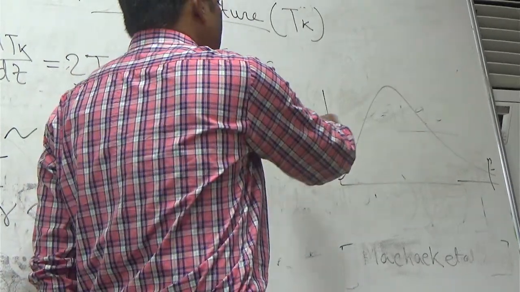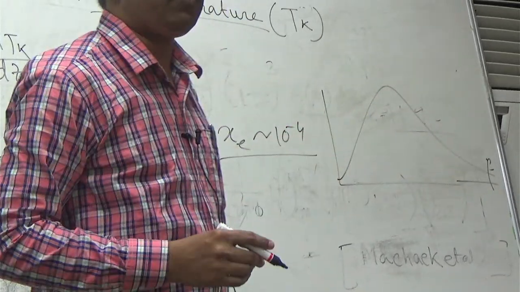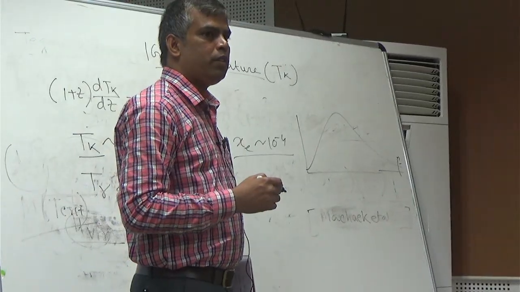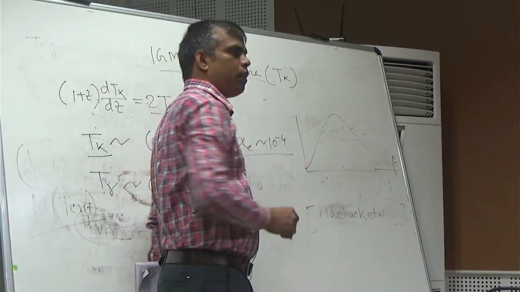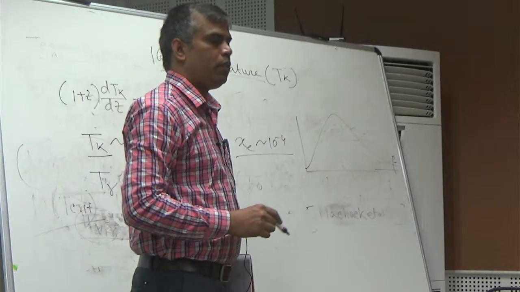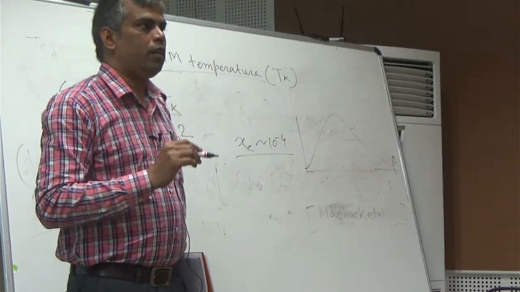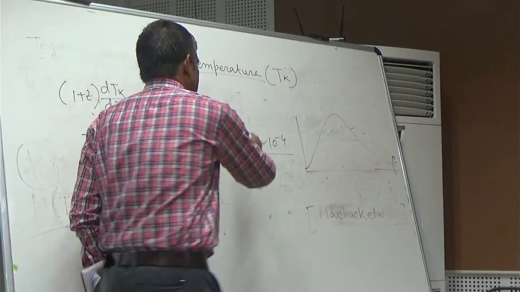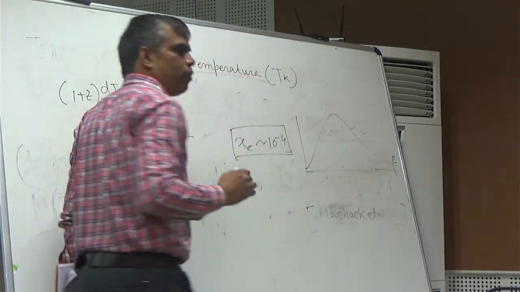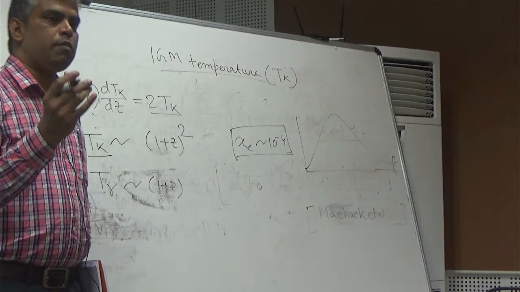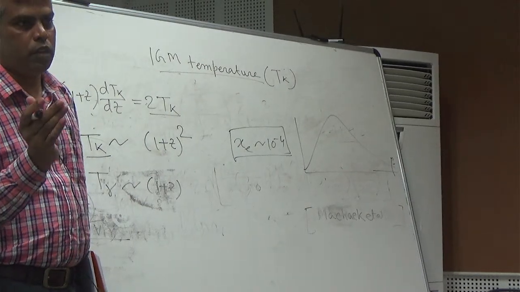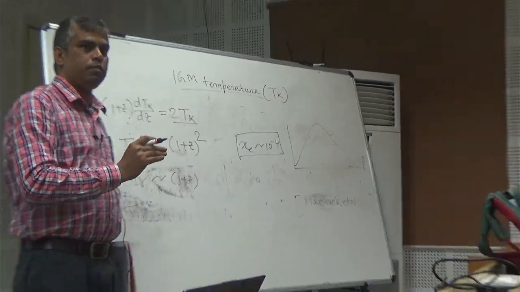There is a differential equation, and you can solve it, and you will get the number like this. So if you calculate Xe as a function of redshift, this free electron actually transfers some amount of heat from CMB to IGM.